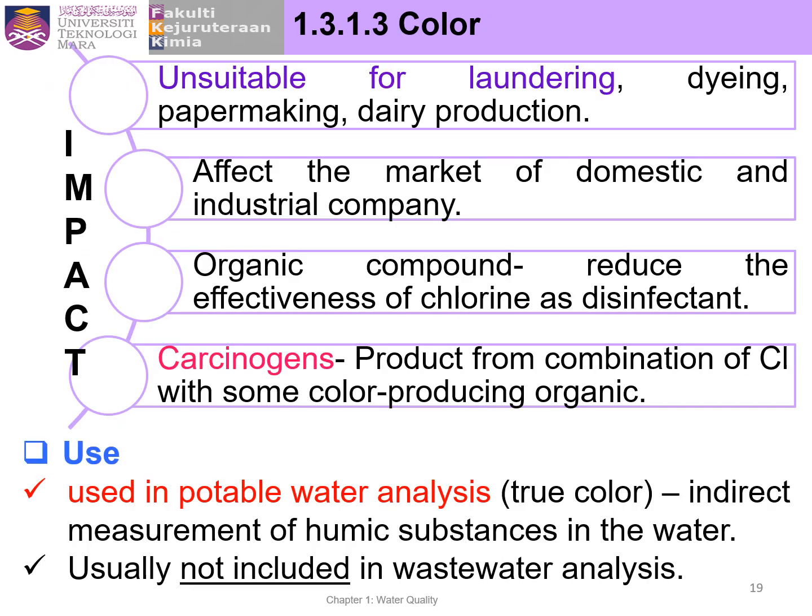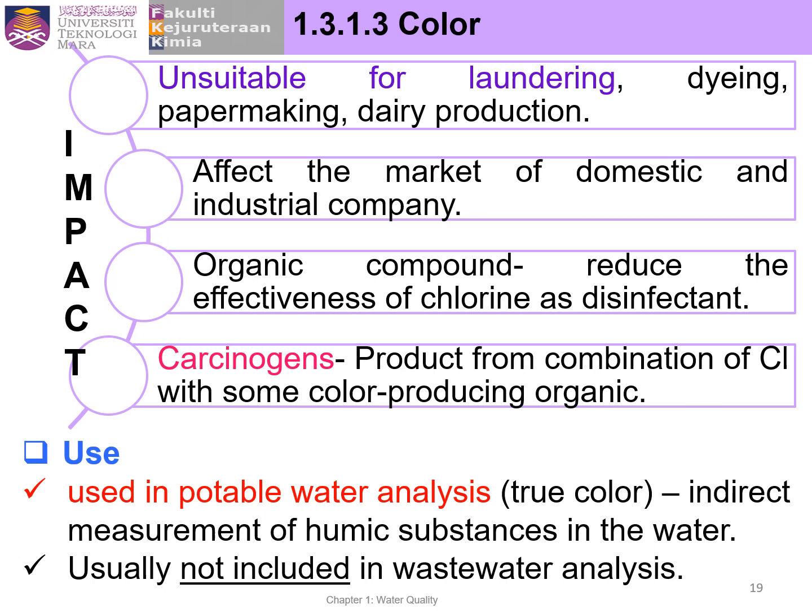Okay, the next one will be color. What is the impact of color? Unsuitable for laundering. It affects the market of domestic and industrial companies. And usually the color will give a carcinogenic impact, usually when we have chlorine inside the wastewater. What is the use of color? Used in potable water analysis.